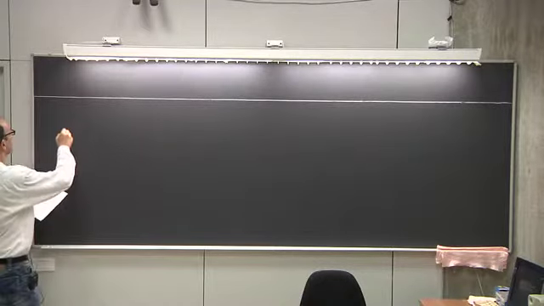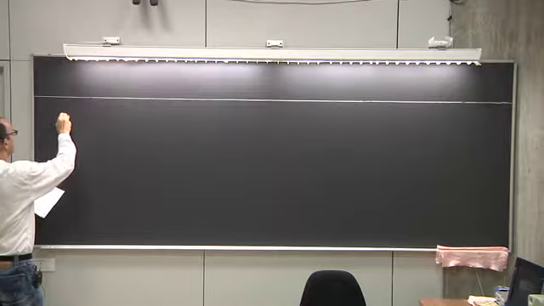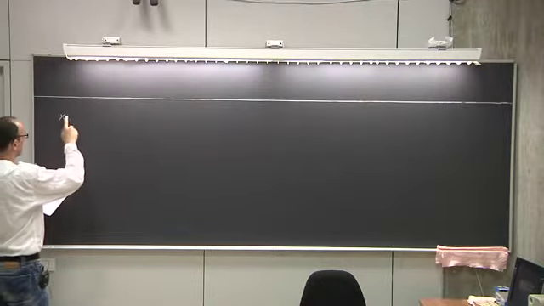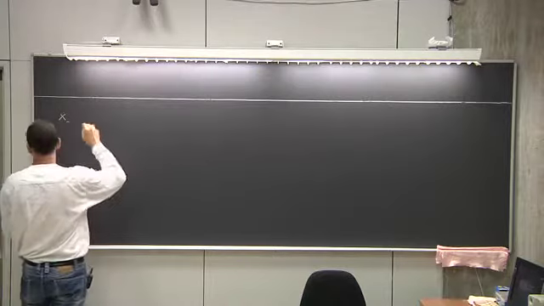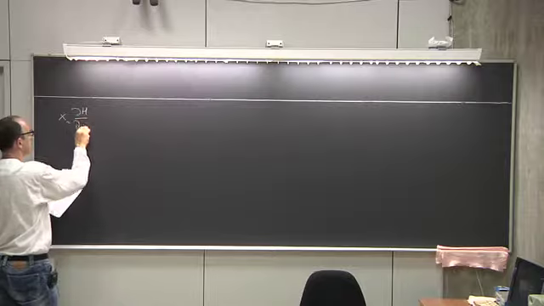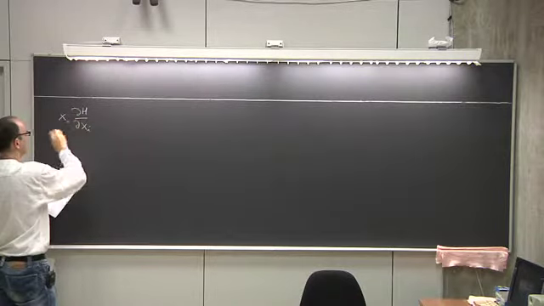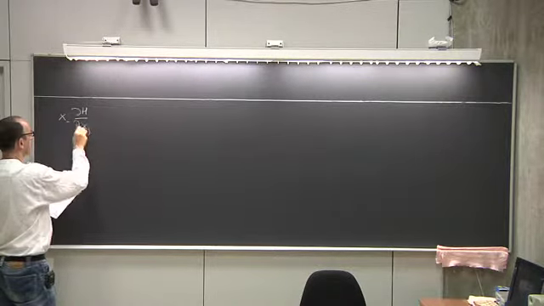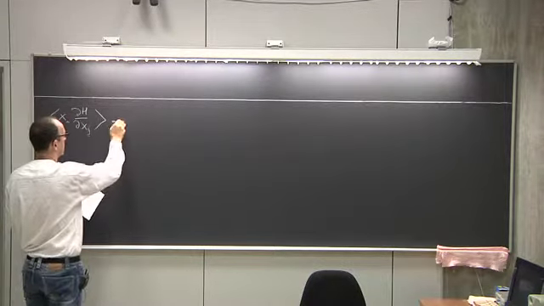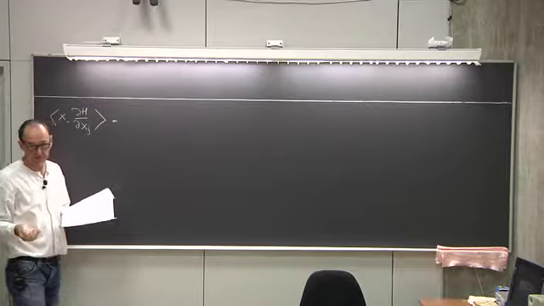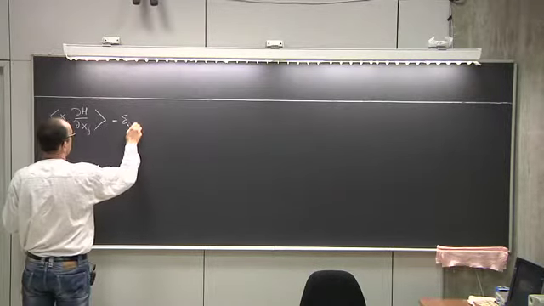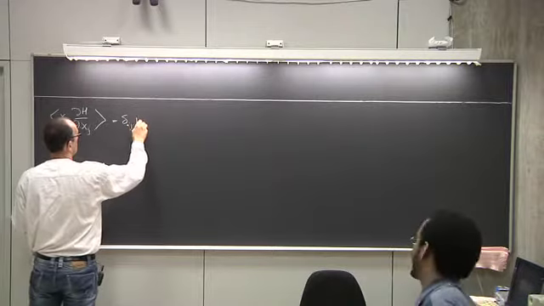This identity was saying that if you take any canonical variable xi and then take the partial derivative of the Hamiltonian with respect to another canonical variable xj, and then take the expected value on the canonical ensemble, then this is delta ij times kT.